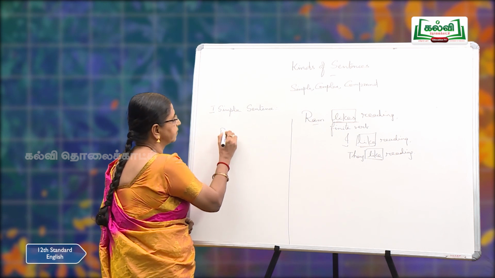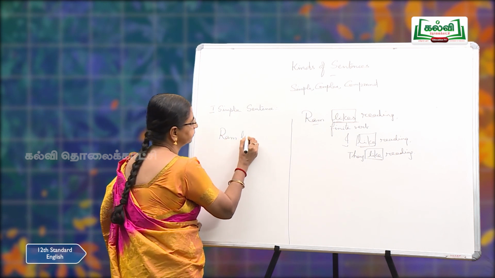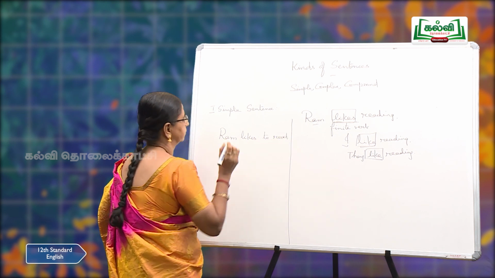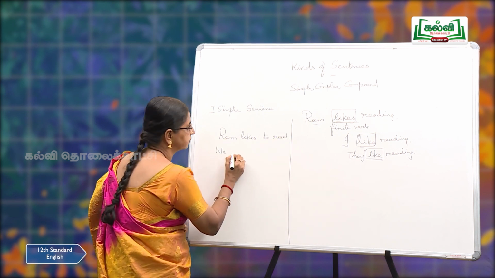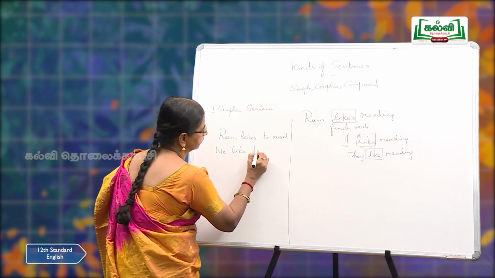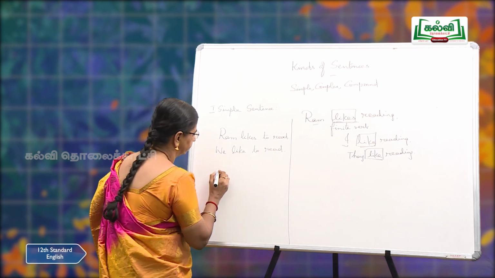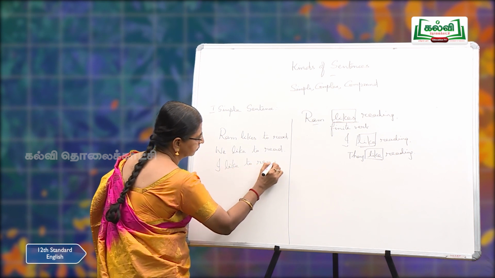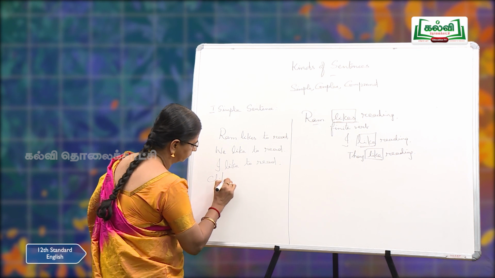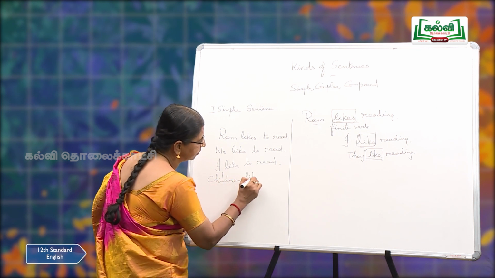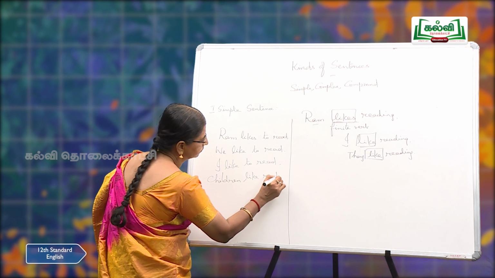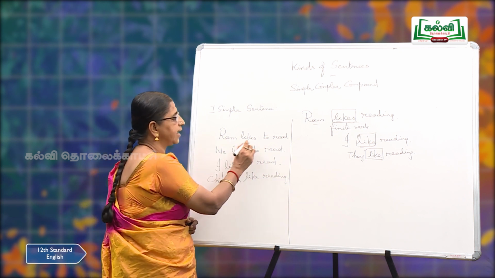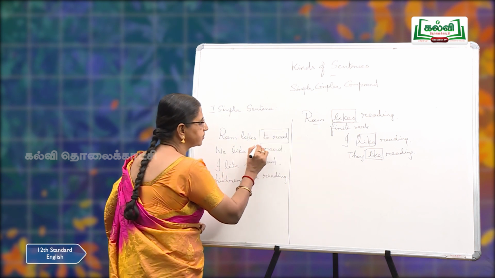These sentences, suppose I write them in this form. Children like reading. Now what happens here? Ram likes to read. Look at this part.